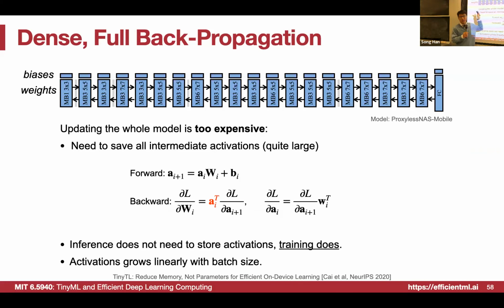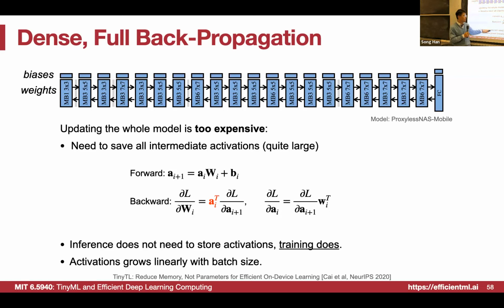Previously we talked about dense backpropagation, where in order to calculate the gradient of the weight, we need to store all the activations. In order to calculate the gradient of the activation, we need to store the weight. So we need to store a lot of activations if we need to backpropagate all the way to the beginning layer.